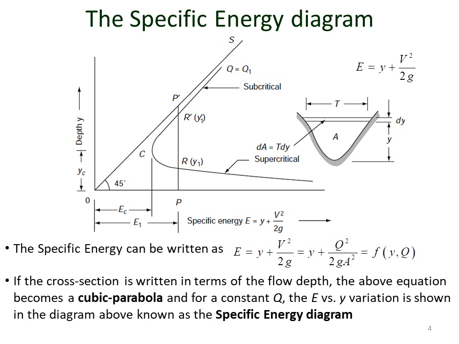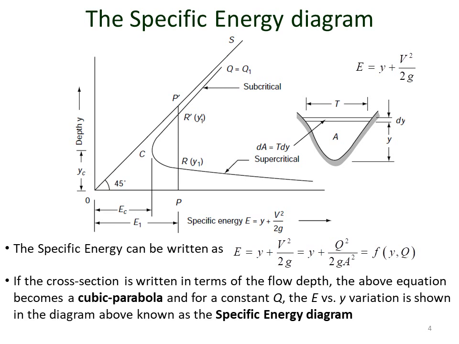You can see the diagram above, where an arbitrary channel cross section has been shown along with the cubic parabola. The specific energy is plotted on the abscissa, whereas the flow depth has been plotted on the ordinate.